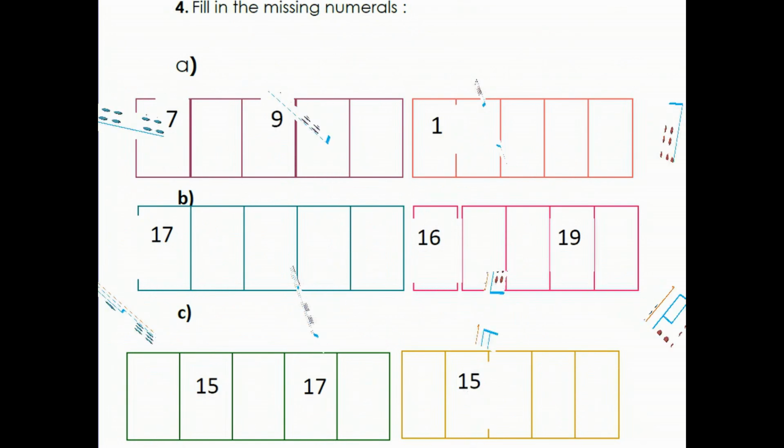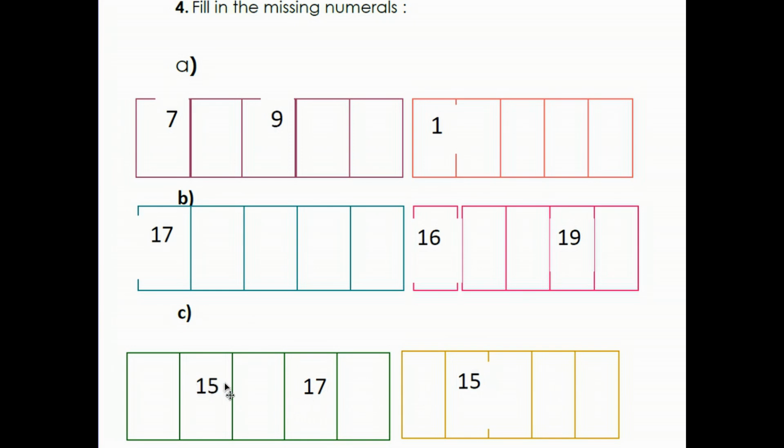The next one is the same way: fill in the missing numerals. You are given 7, dash, 9, dash, dash. 17, blank. 16, blank, blank. 19, blank. Dash, 15, dash, 17, dash.